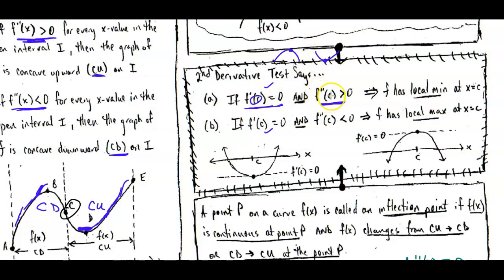If we find that plugging the critical value into the second derivative gives us a positive result, we know that we have a local min there. All right, and if we look at this, it makes sense. Take this particular situation here; we're saying this graph is our function f.